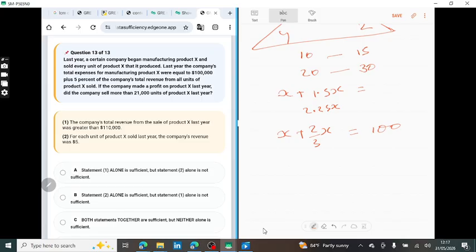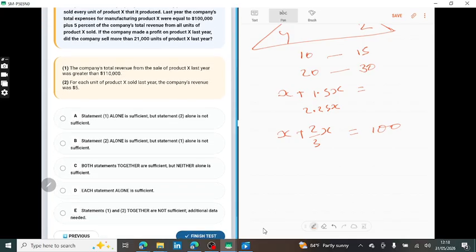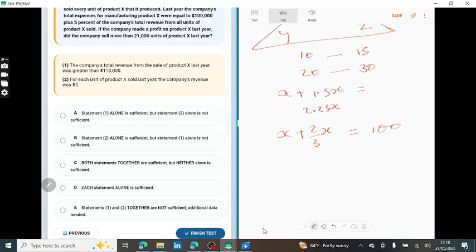Remember, 5 times 20,000 is 100,000, and that is just the expenses. So we need to calculate how much to produce, plus the 5%, so that they are in profit. That one is sufficient because it is going to give us all those figures. We select B.